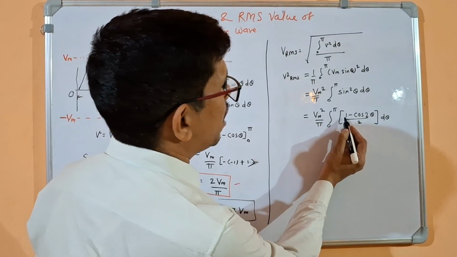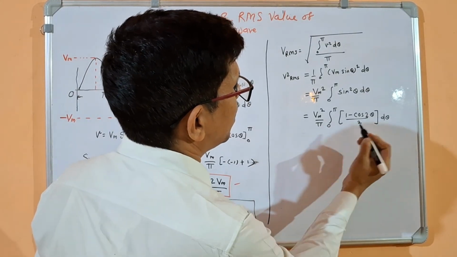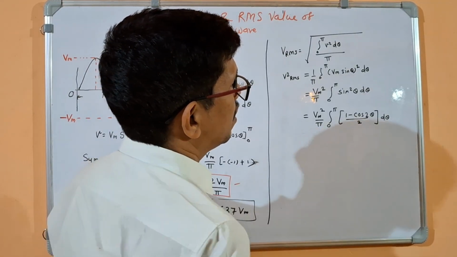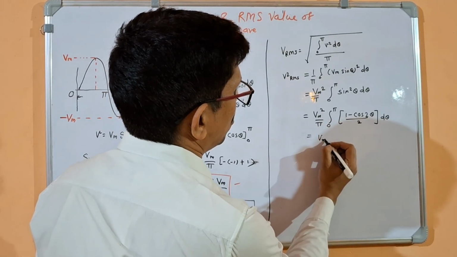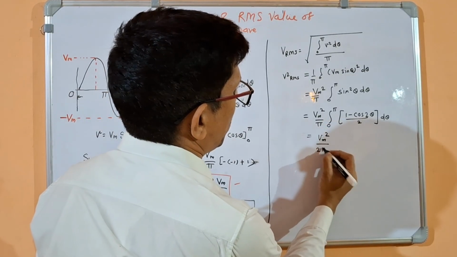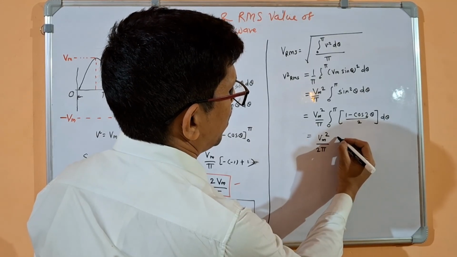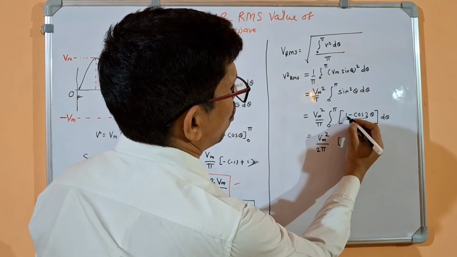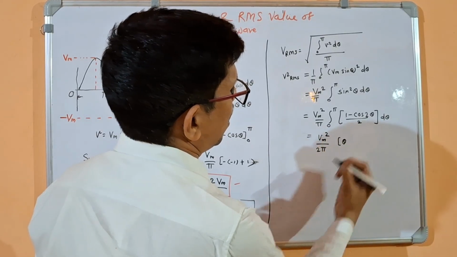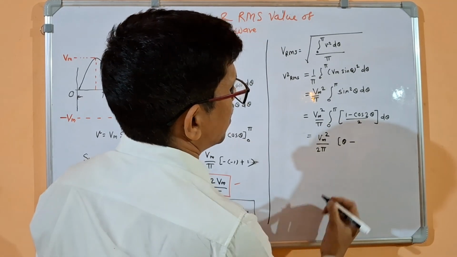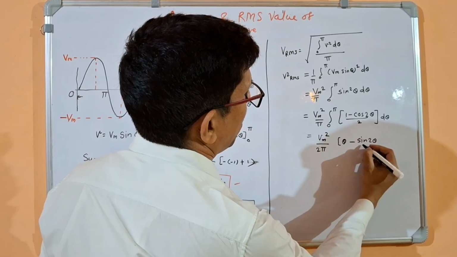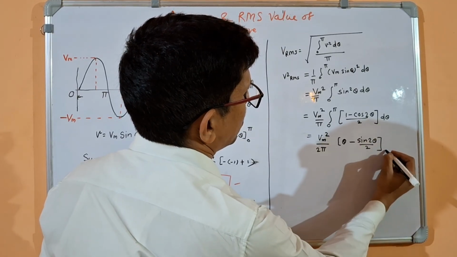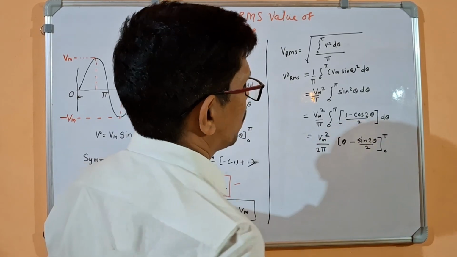So we have to integrate two different parts, 1 d theta and cos 2 theta d theta. So these two I will take common, Vm square by 2 pi. Then what will I get? Integration of 1 d theta will be theta, then minus the integration of cos 2 theta is sin 2 theta by 2, from 0 to pi.